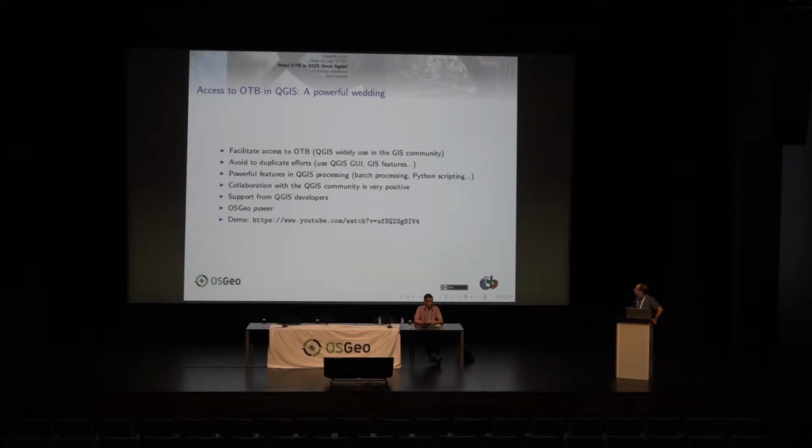And well, this is very, very positive, but everything is not that simple because the way things were done in this first plugin version made it quite difficult to keep the QGIS plugin and OTB synced. The QGIS plugin was not working with all the versions of OTB.